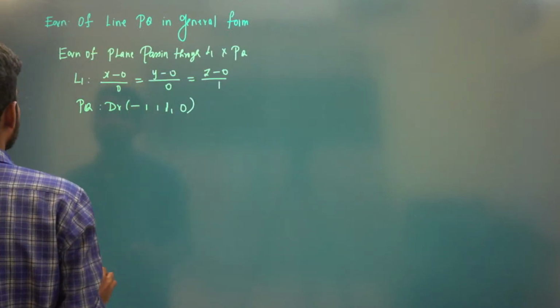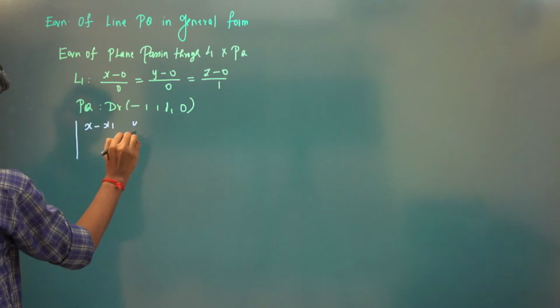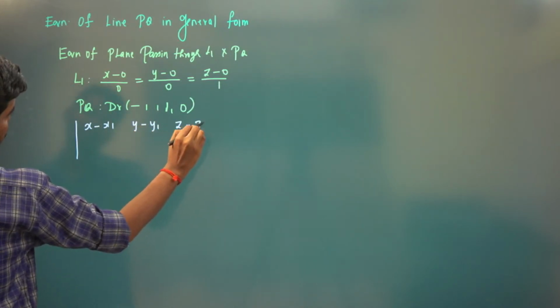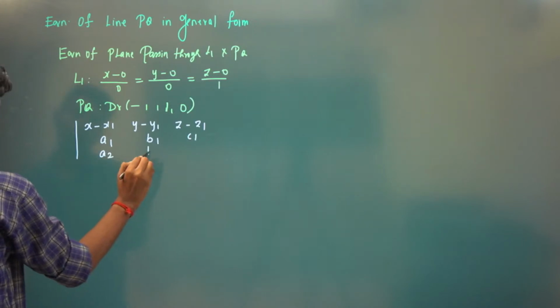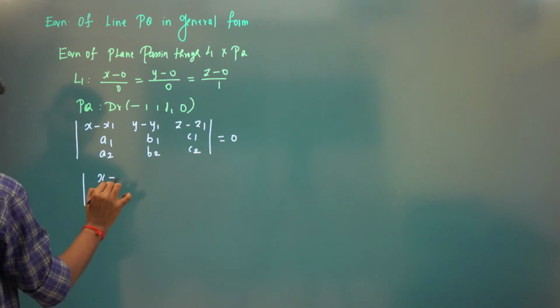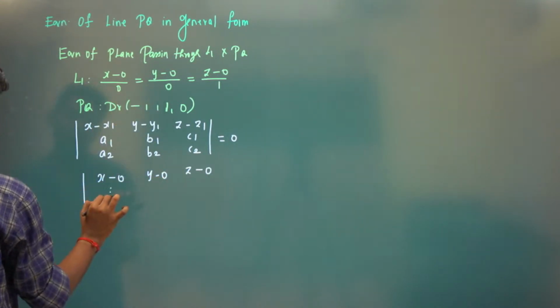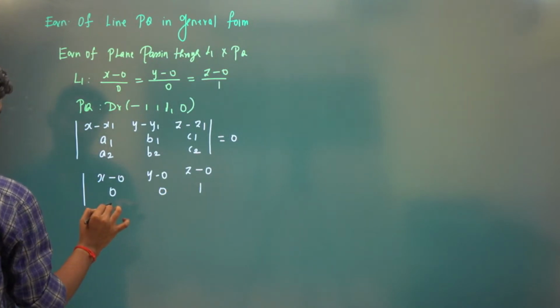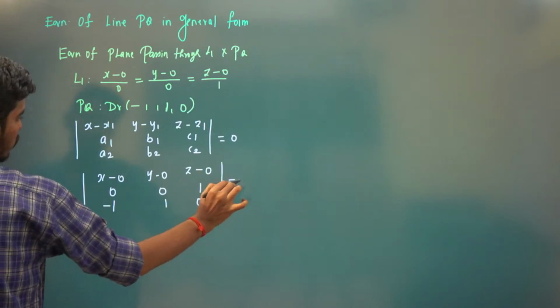Okay. So it is x minus x1, y minus y1, z minus z1, a1, b1, c1, a2, b2, c2 is 0. So x1, y1, z1 all are 0. a1, b1, c1 is the direction ratio of L1. This is the direction ratio of PQ, right?